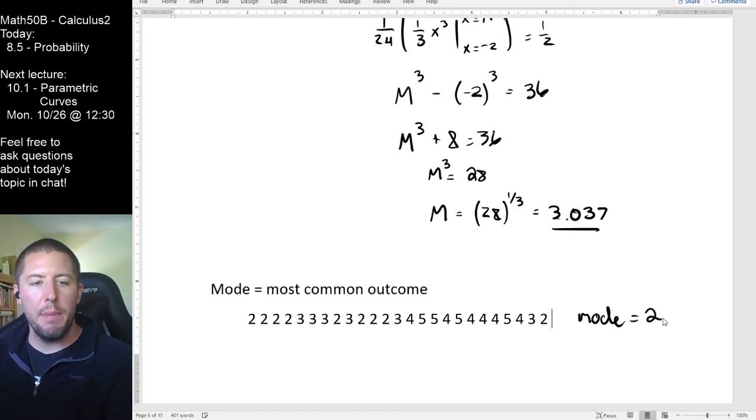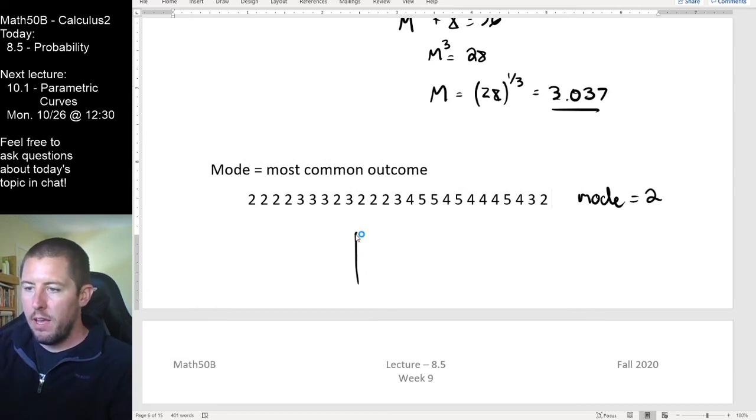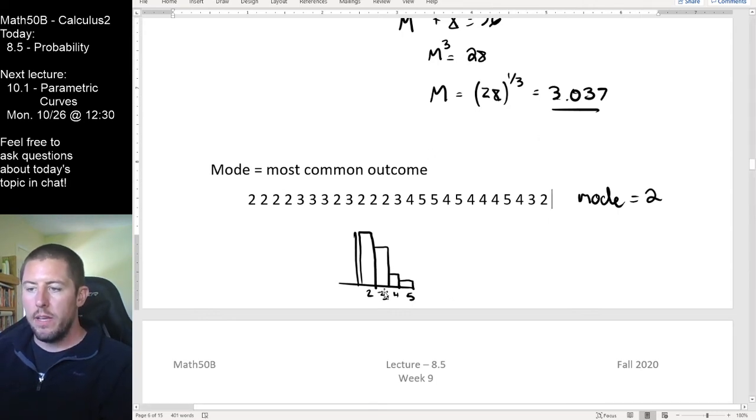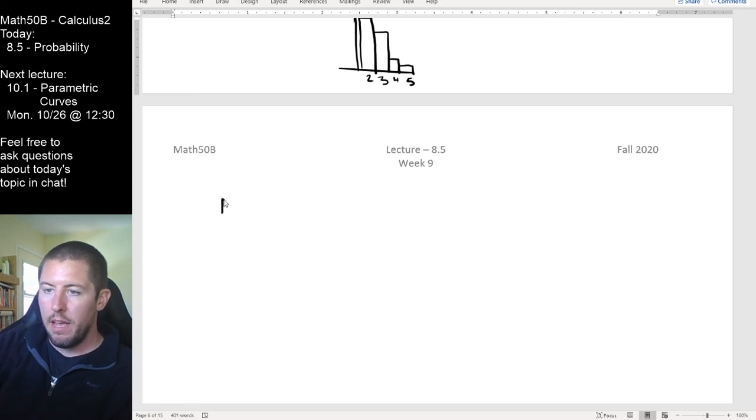It's just the most common thing that we see. What you should be picturing is that if we were going to make a histogram for this thing, with 2s, 3s, 4s, and 5s, we had a whole lot of 2s. We had a lot of 3s. We had very few 4s and like 2 5s out there, right? If I were to make a histogram for this data that I just listed right here, we can see that 2 is the tallest bar, and that's how I know it's the mode. So that's going to make things really, really easy for us over here with our PDF.